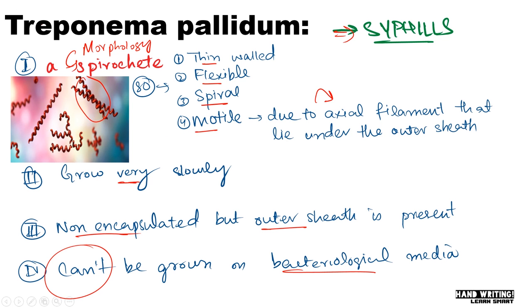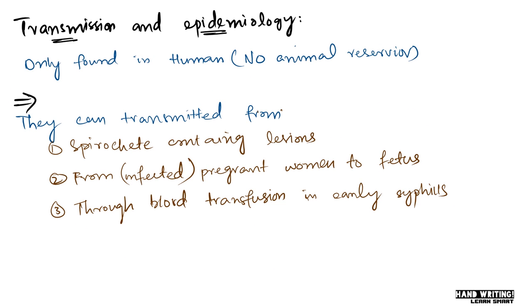Now talking about the transmission and epidemiology of Treponema pallidum. It causes disease only in humans and is found only in humans, and there is no animal reservoir, i.e., it cannot be transmitted from animals to humans.